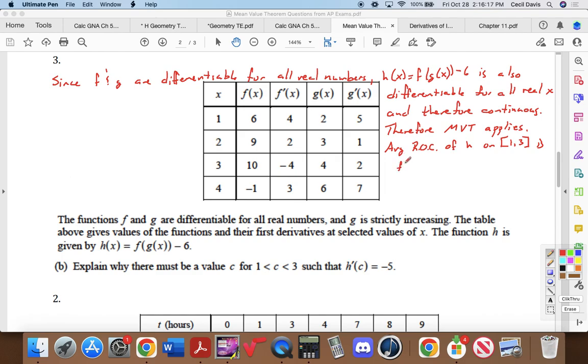So f of g of 3 minus 6 minus f of g of 1 minus 6, all over 3 minus 1.